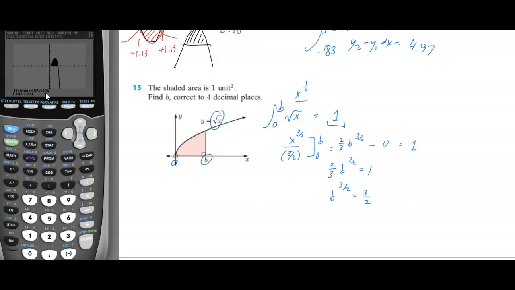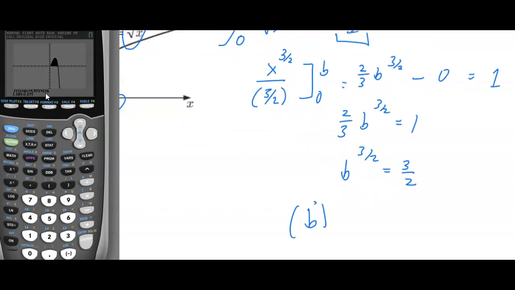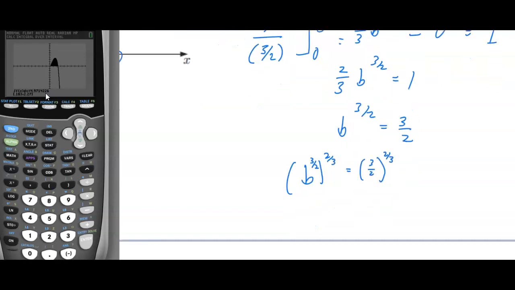So how do I find what b equals? I do b to the 2/3 power. If I do b to the 3/2 to the 2/3 power, and then I also take the 2/3 power of the other side, then I will have b, because if I multiply the exponents 3/2 and 2/3 together, it gives me b to the first, right?